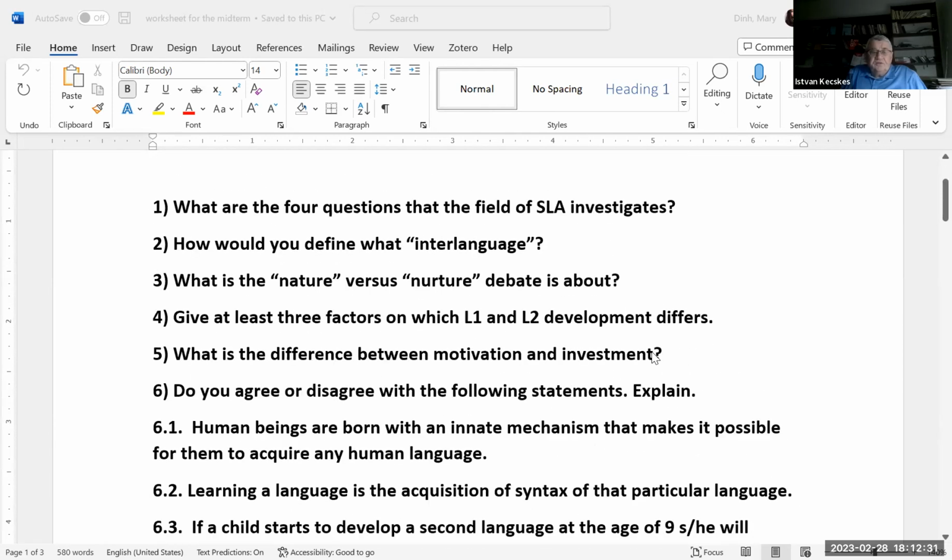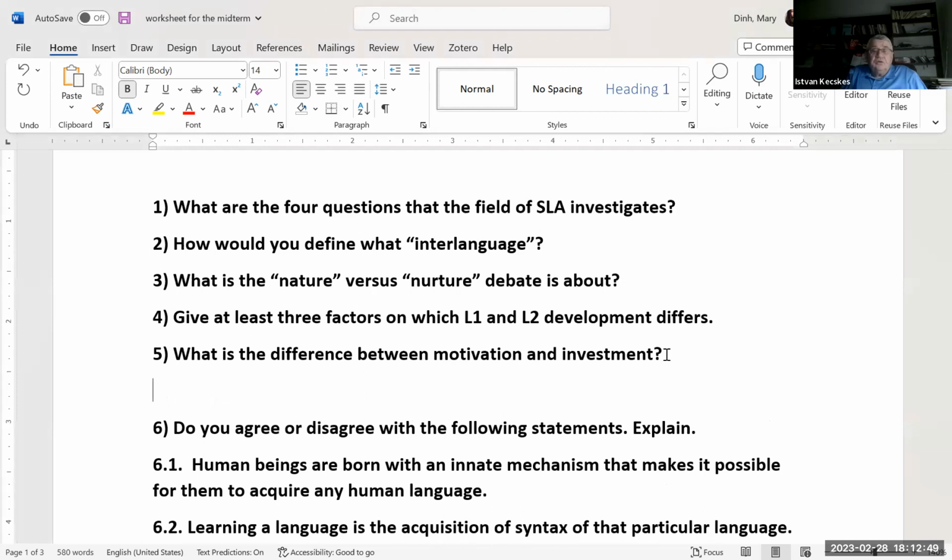There are some cases where you have a statement and you have to agree or disagree with it. Or there are cases where you have to decide whether something is true or false based on your studies.